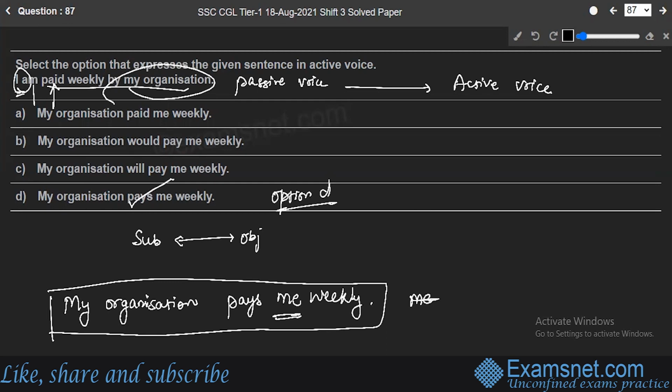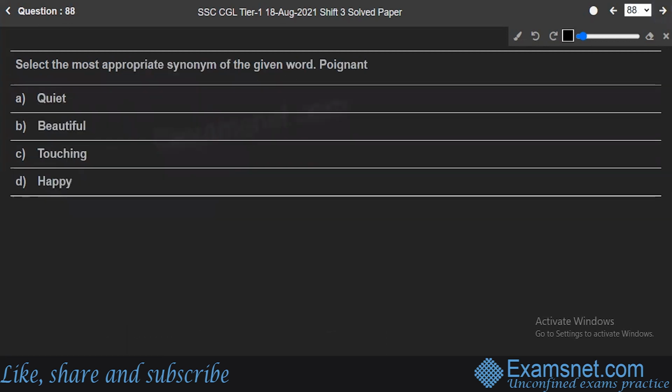Hope you are clear. Next, question number 88. Select the most appropriate synonym of the word poignant. Options are quiet, beautiful, touching, and happy. Let's see the meaning of the words. So poignant means something that touches you emotionally, deeply.